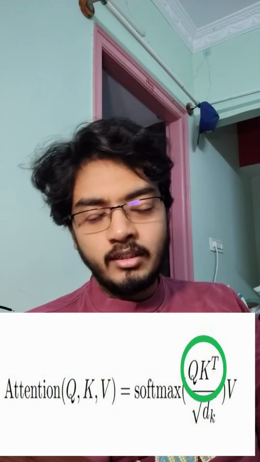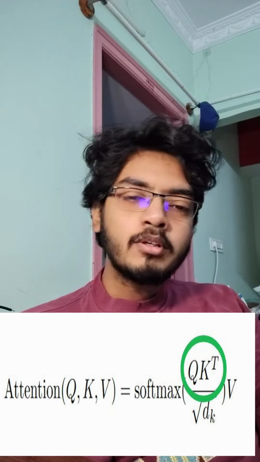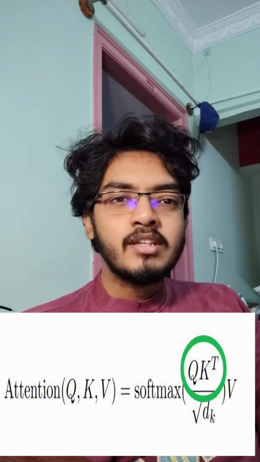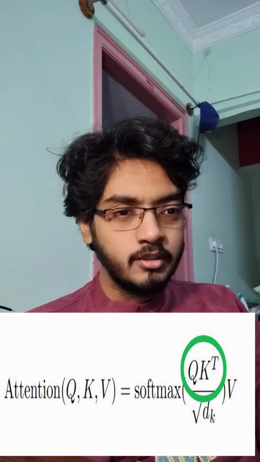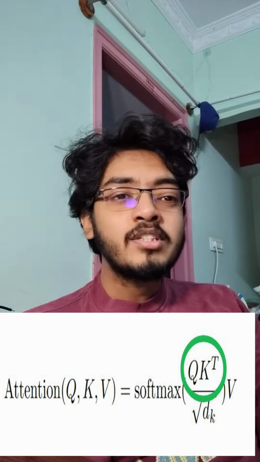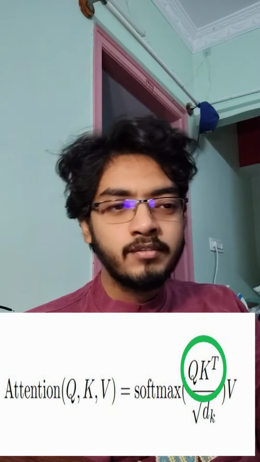Given one word in the input stream and given this query, this dot product would allow us to understand which are the words which are able to answer this particular query for this particular word. In attention terms, we would say which are the words which attend to this word in context of this query.